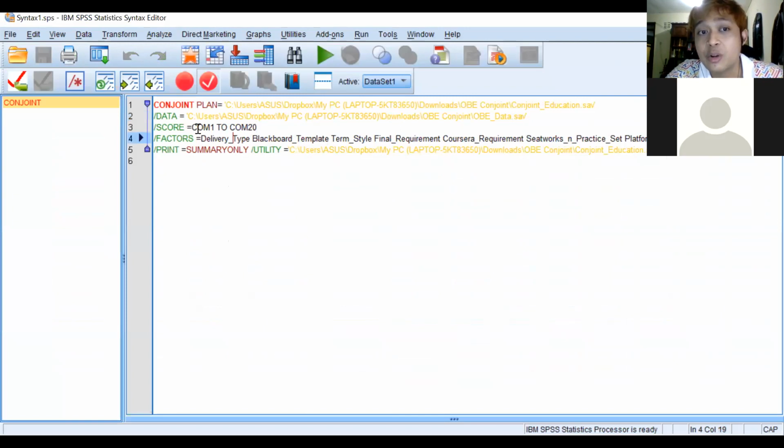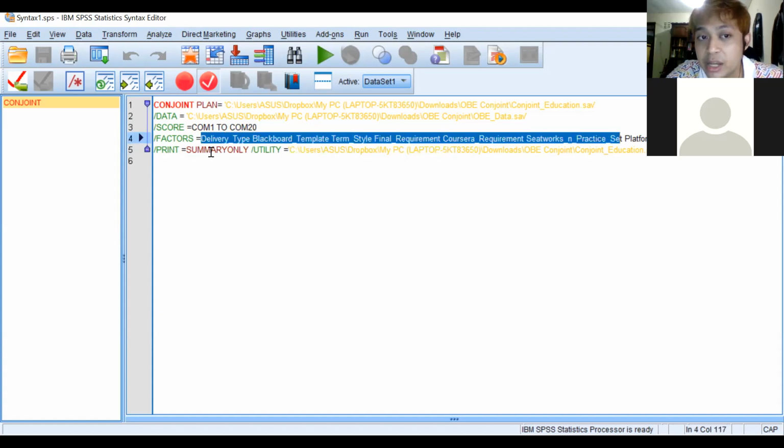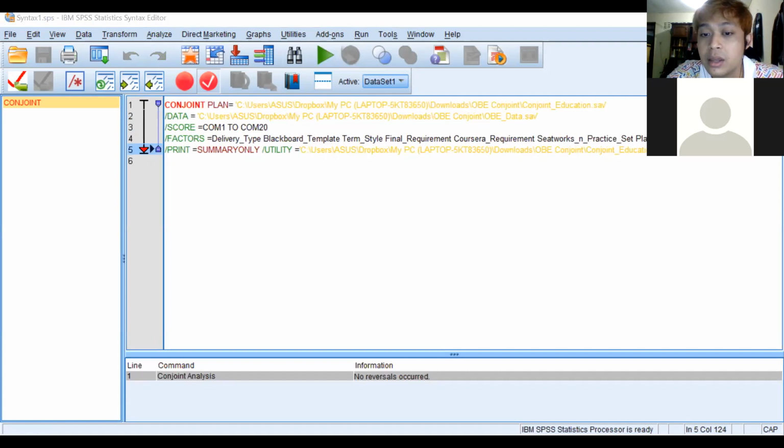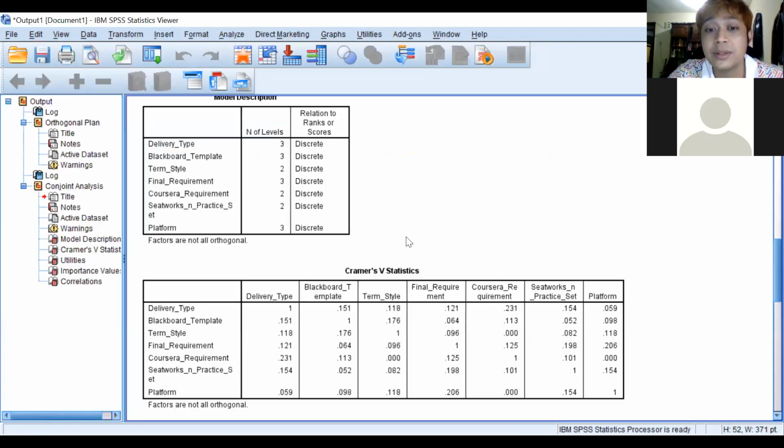Then you do the syntax, and the score is combination 1 to combination 20. You put all the factors, and then you print the utility. When you click run selection, let's see whether it works or not. Yes, it works. When you run selection, you will have something like this.